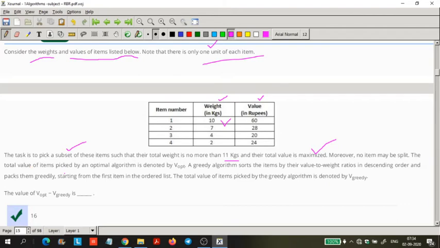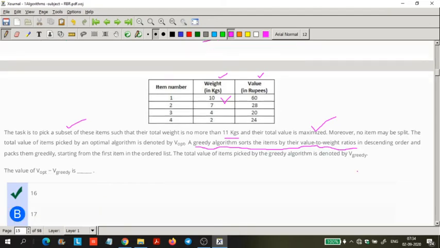The total value of the items picked by an optimal algorithm is denoted by V opt. A greedy algorithm sorts the items by their value to weight ratio in descending order and packs them greedily, starting from the first item in the ordered list.